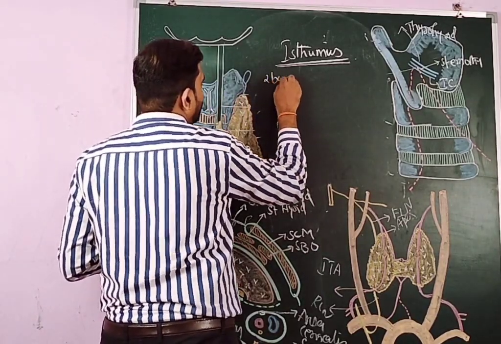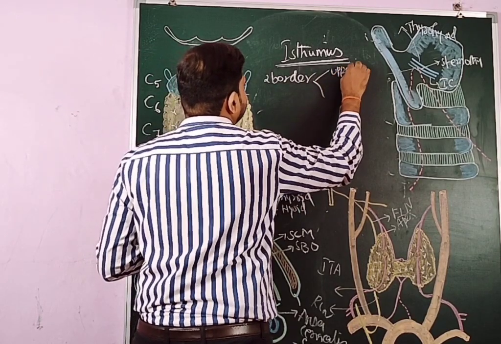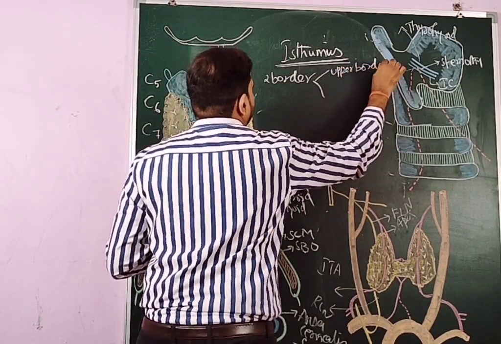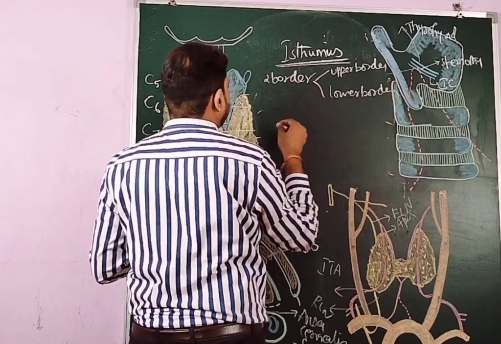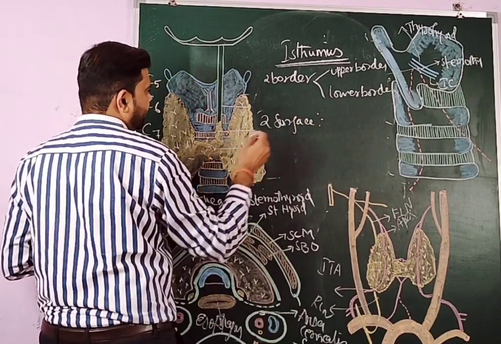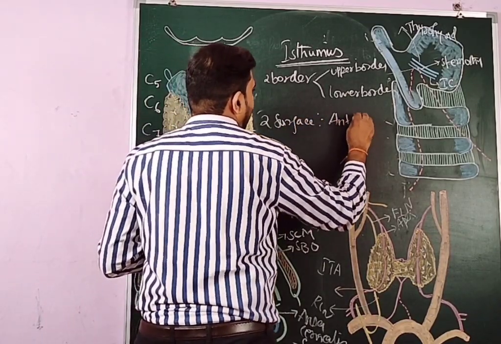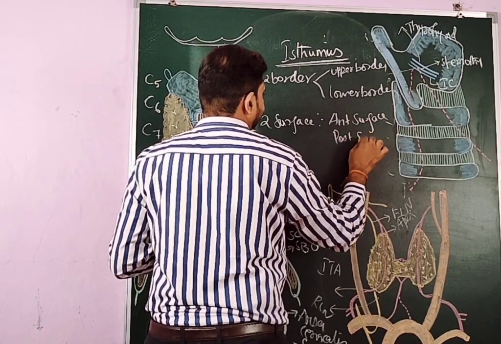We have two borders, upper border and lower border, and two surfaces, anterior surface and posterior surface.